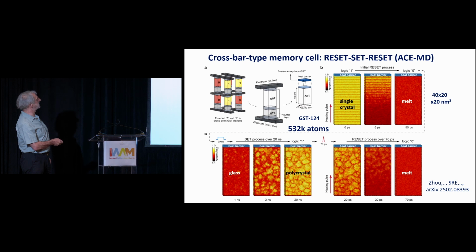Here we are in the glassy state, and we are heating it up, and this is how long it takes to crystallize, 20 nanoseconds, which is what the experimental time scale is, in this device size box, basically. And you can see that it starts with a glass and you end up with a polycrystal, and then this is logic state 1, and then we can heat this up again and melt it and so on, go round the loop. So we can do simulations at the device scale, and this is 500,000 atoms doing this, 500K, all at DFT accuracy.